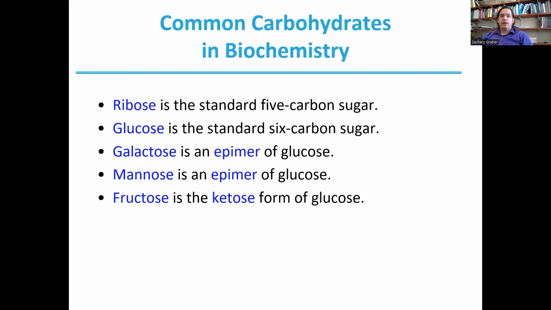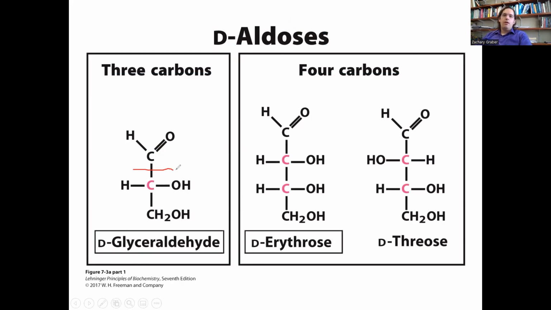However, we'll take a brief look at our other sugar structures, just so you can see the different variety of sugar molecules as well as isomers of sugar molecules that could be formed. First, we'll look at our D-aldoses. So our aldoses, of course, will always have the aldehyde at the end as our carbonyl functional group, and then we'll have a number of different carbons with alcohol functional groups depending on the size of our sugar.